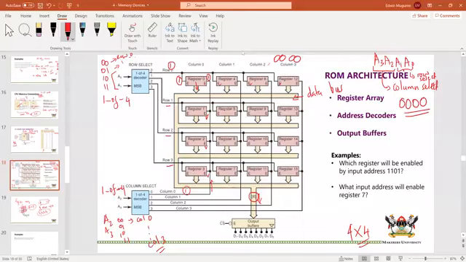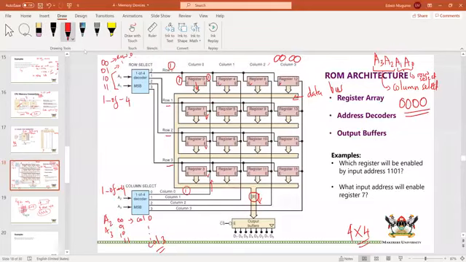It comes into the output buffers. Output buffers, you can see, have a chip select. If that chip select is 1, the output buffers will be in high Z state. And so you could say you have high resistance here. High Z means that it's like a blockage, so the signal cannot go through.